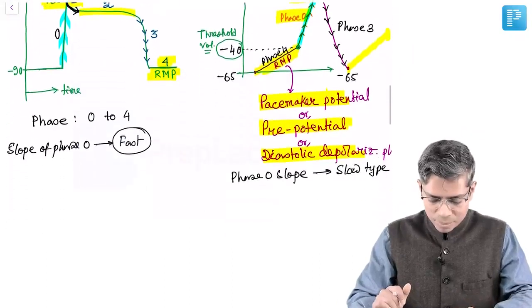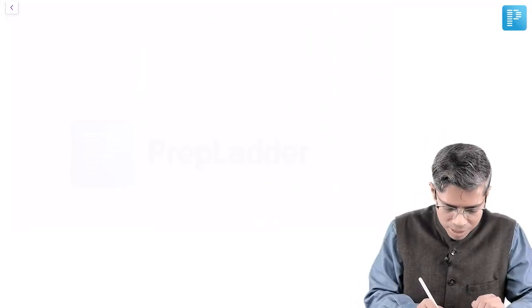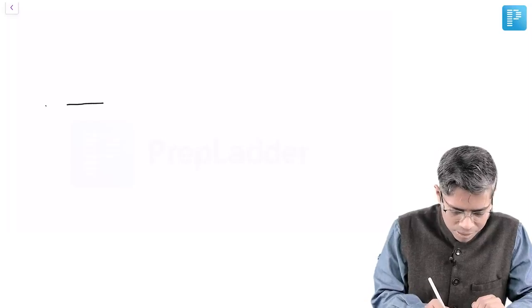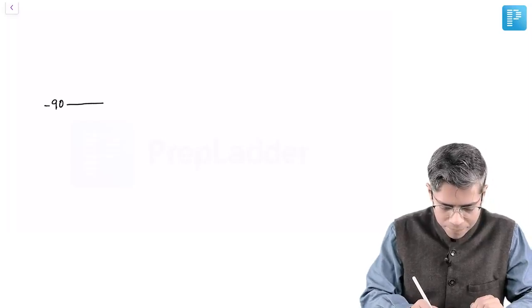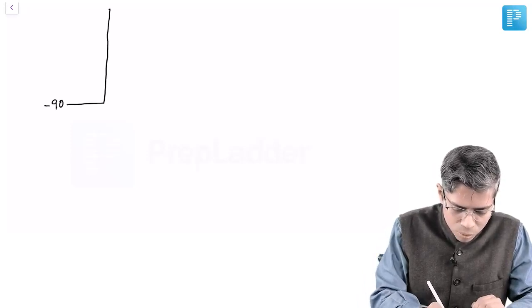So fast type action potential, where it is seen, typically the myocardium, that is the atrial and ventricular muscle, and second, it is also seen in Purkinje fiber, right? So now again I am drawing the fast type action potential. So this is minus 90 millivolt. Then the membrane voltage is rapidly rising from minus 90 to plus 35 millivolt.